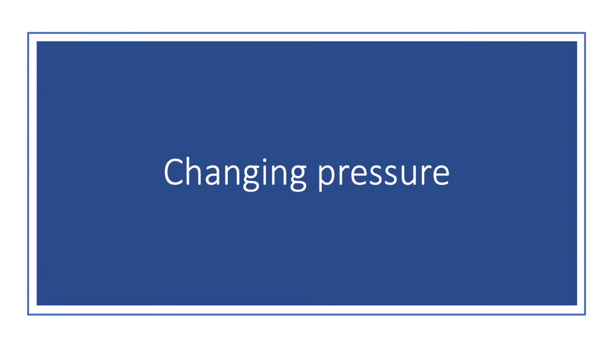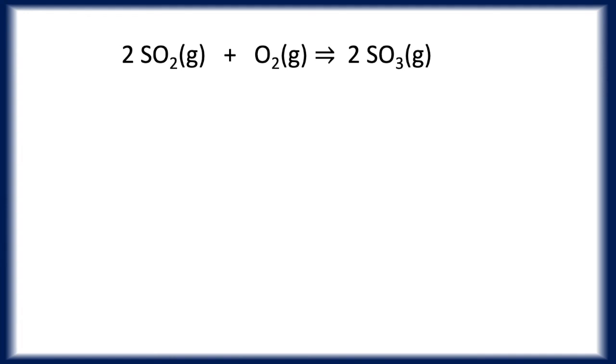So we can now look in more detail at the effect of changing pressure on Kp and Kc. Well, of course, first of all, Kp and Kc have to stay the same value despite any change in pressure. So let's take our sulfur dioxide oxidation equilibrium again.